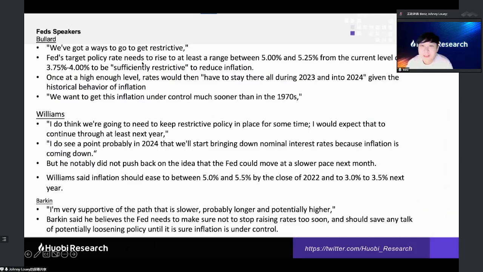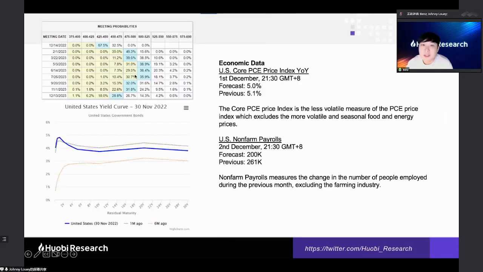Compare that to last week's expectation of a 75 basis point hike at around 75%. So the market is now a little more wary of a 75 basis point hike after the Fed speakers came out, hence the drop from 75% to 67.5%. But ultimately it all boils down to what Jerome Powell is going to say in a few hours' time.